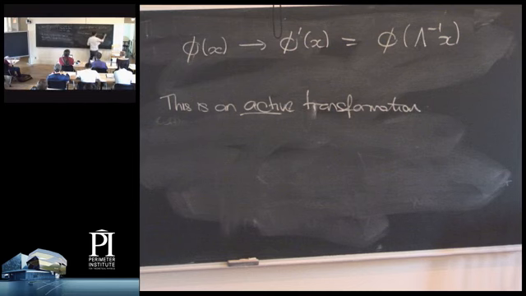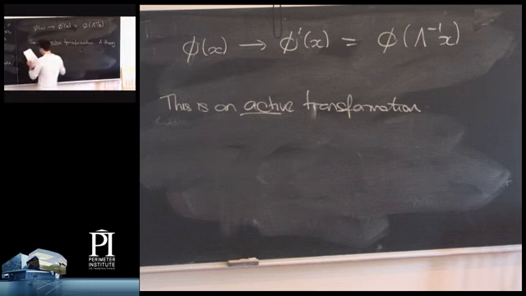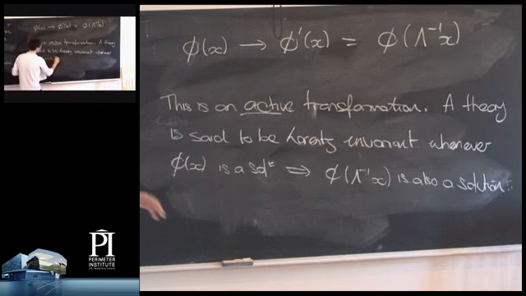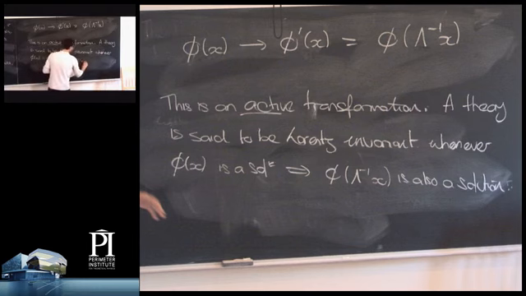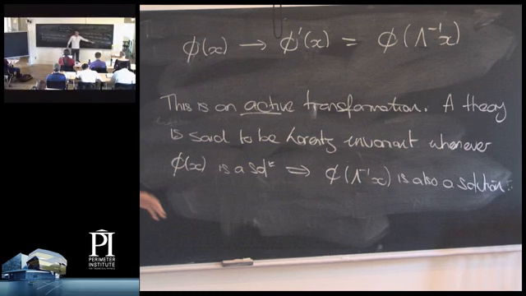So a theory is said to be Lorentz invariant whenever, I'm not sure I've said this in the most concise way, but basically a theory is Lorentz invariant whenever, if you have one solution to the equations of motion, so not just any field configuration, but in particular a solution, and you act on that with a Lorentz transformation, then it's still a solution. Okay? That's what we mean by a theory being Lorentz invariant.